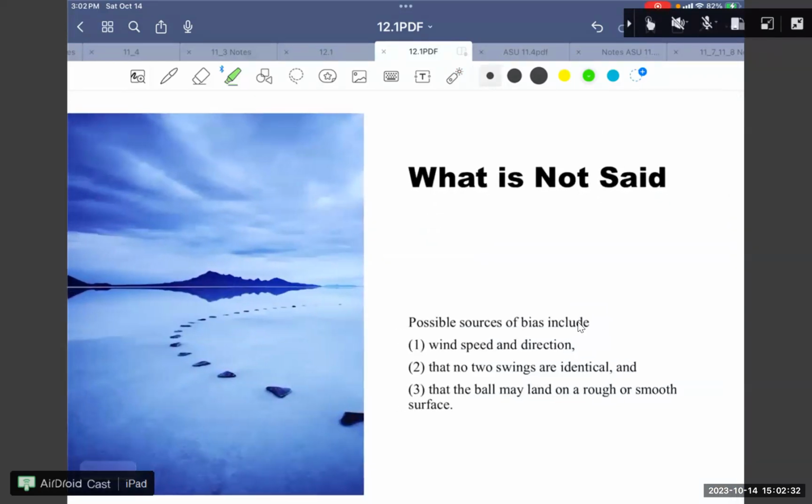What is not said? The possible biases include the wind speed and direction, that no two swings are identical, and whether the ball lands on a rough or smooth surface.